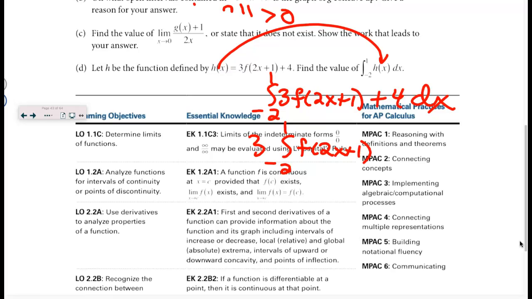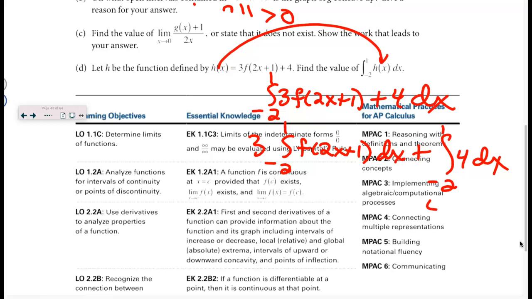What else did I suggest to do with these a couple days ago? What about that 4? Do it separate. All right. Which one should you know easily? This monstrosity or this little fella? What's the antiderivative of 4 from -2 to 1? It'd be 4x. Yep, you can use the calculus.